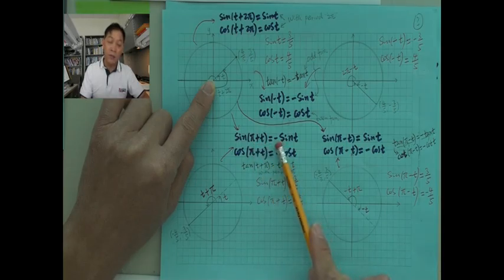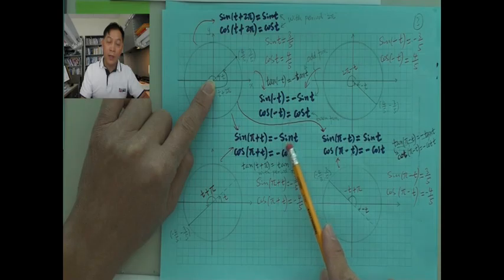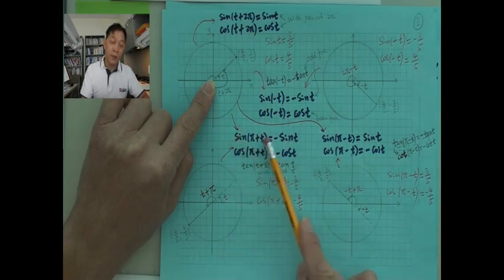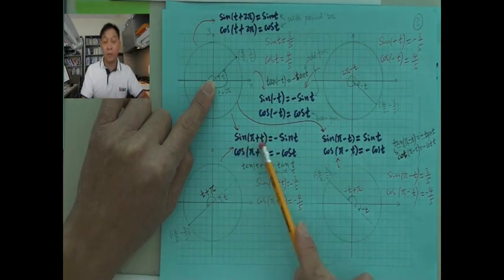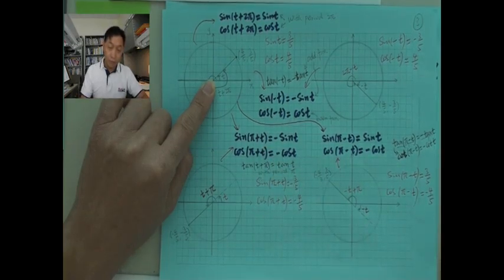You put a negative in front of it: negative sine t equals sine of pi plus t.